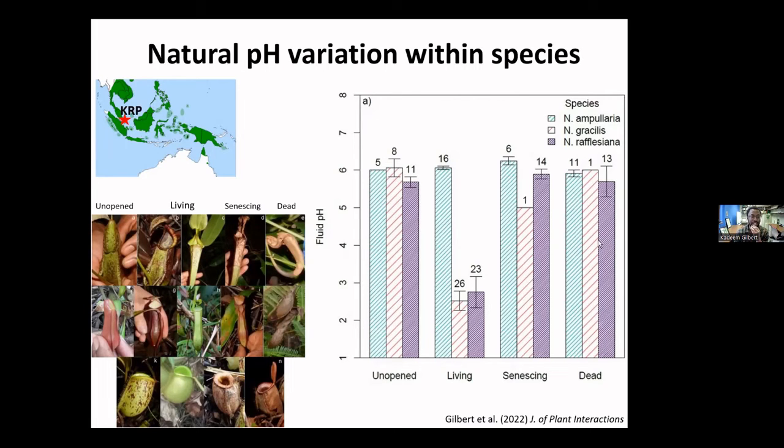So going back to those species from Singapore, if you look over the life cycle of a pitcher, both Gracilis and Rafflesiana have this pattern where they start with a high pH before they open, and then they dip down into their characteristically acidic pH before drifting up by the time that they senesce and die. But Nepenthes ampullaria, interestingly, maintains its relatively high pH level throughout its entire life cycle.